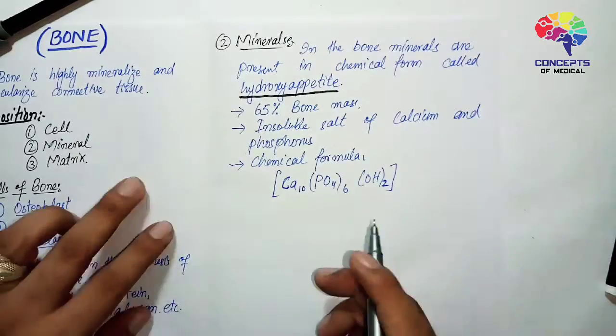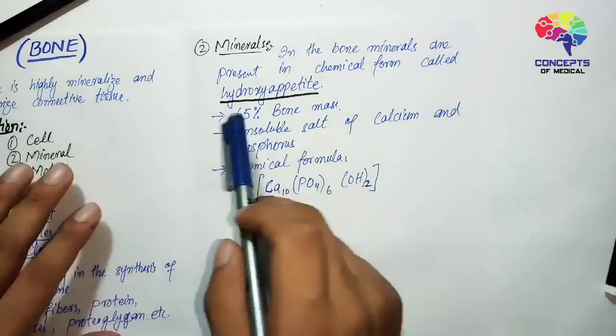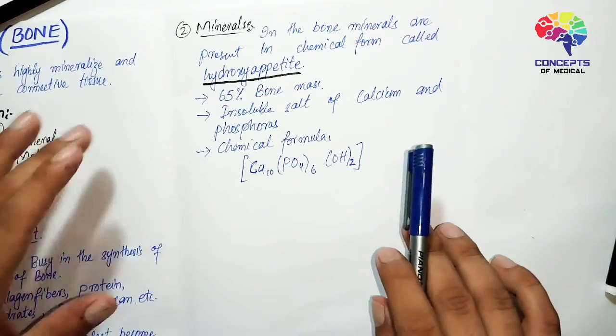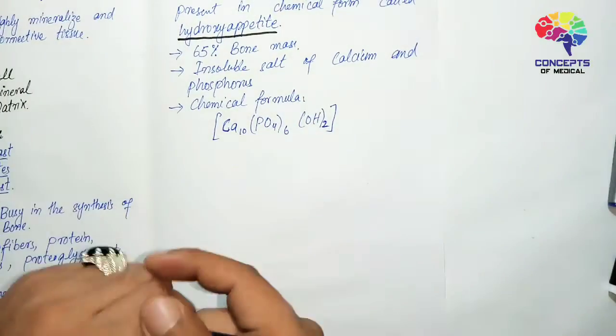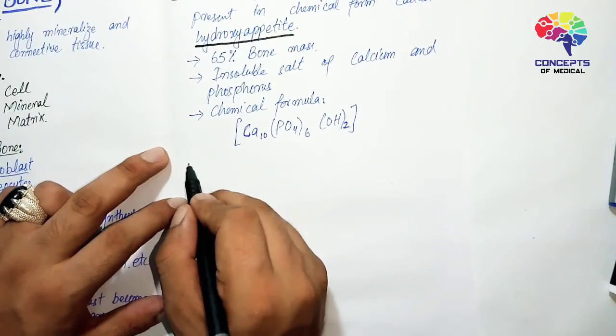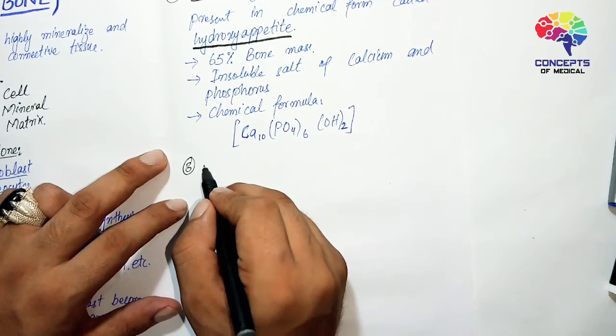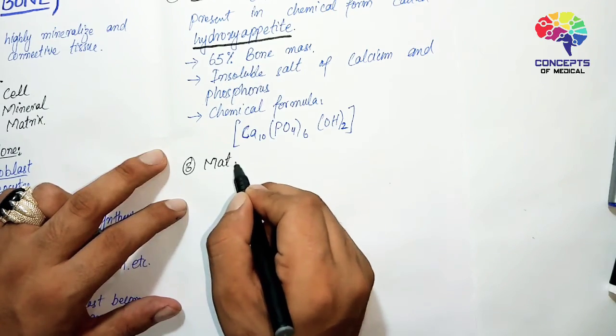So this is the chemical formula for hydroxyapatite, right? So this was all about the minerals, and now we will move on to the third term, which is the matrix. So what exactly is the matrix, right?